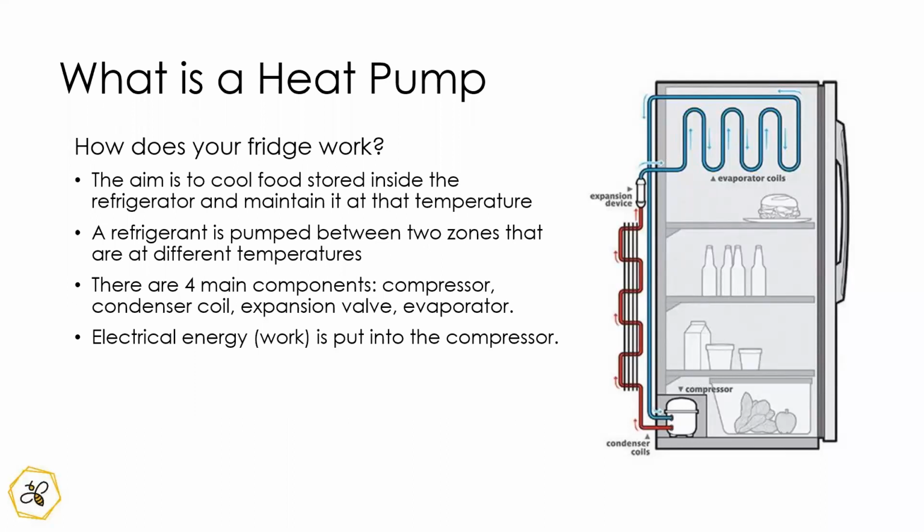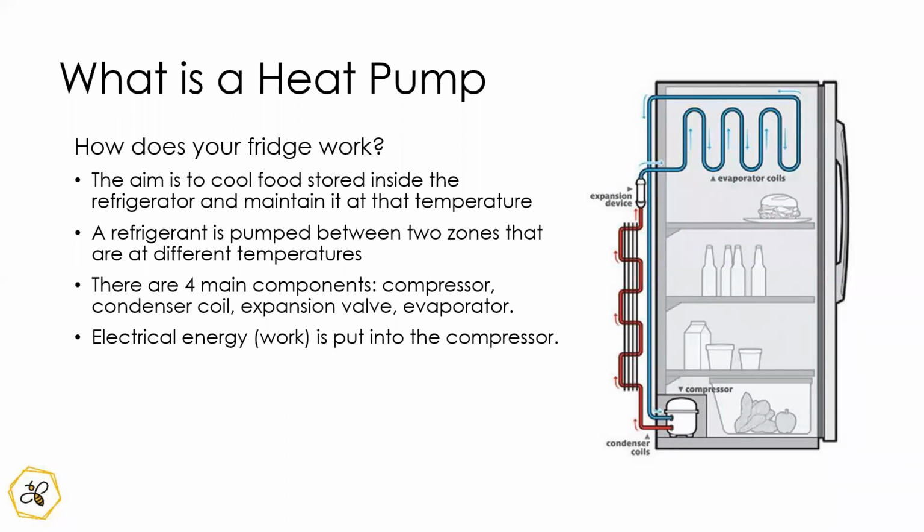And in terms of the fridge, you can see that you have a cold zone that you're trying to keep cold and a zone that you're rejecting heat to. The refrigerant circulates between the two zones, and in some cases it's a gas, in some cases it's a liquid.